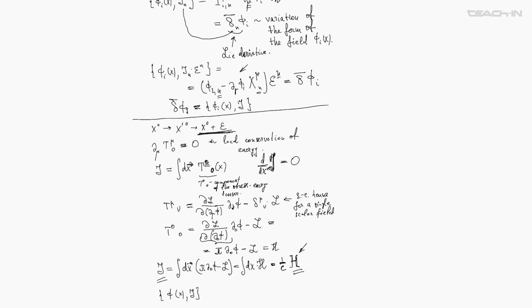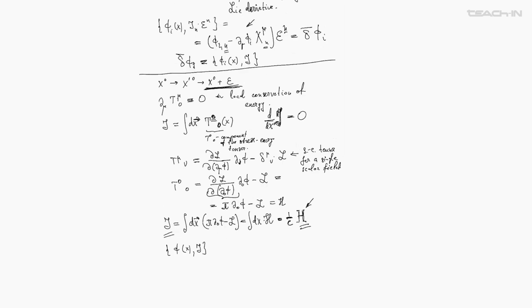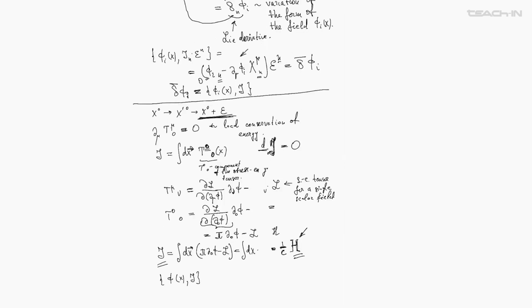So our formula in this case will give the following. For a scalar field, the response phi capital to translations of coordinates and time is equal to 0, and this object here, x mu n, is proportional to delta mu 0.